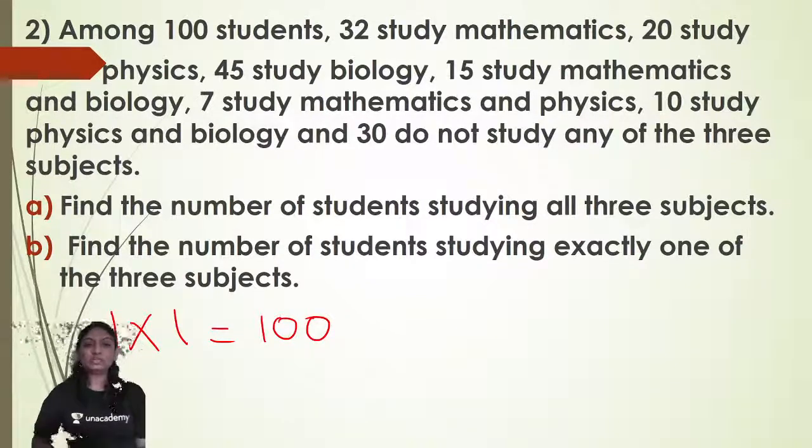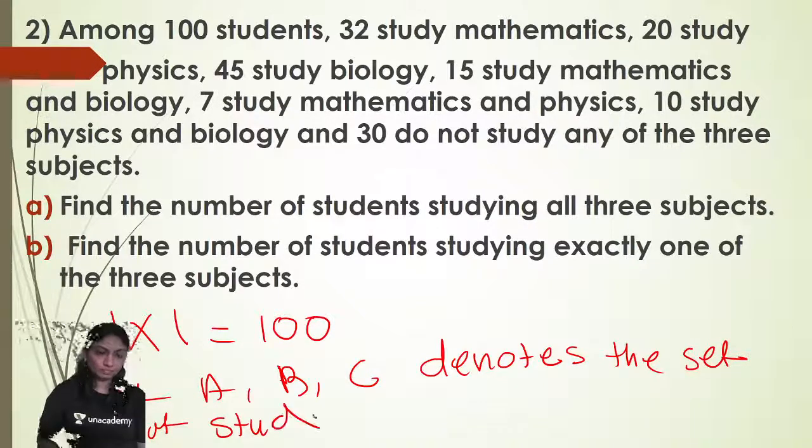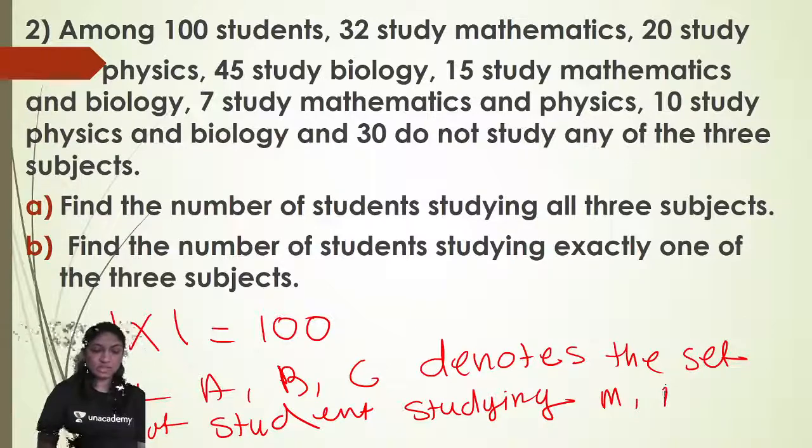And the number of students who study only mathematics. Let A, B, C denote the sets of students studying mathematics, physics and biology respectively.